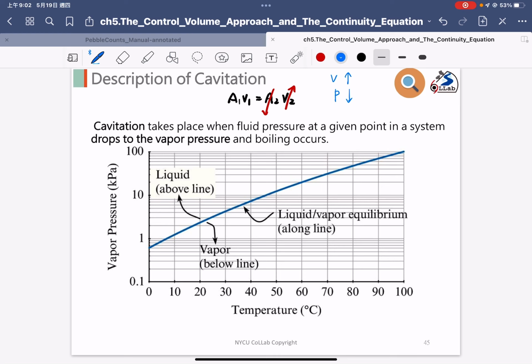So what's the problem? We go back to see the cavitation problem. As you can see here, if the pressure in our environment decreases, the phase of the fluid will change from liquid to vapor. So what's the problem with the vapor?